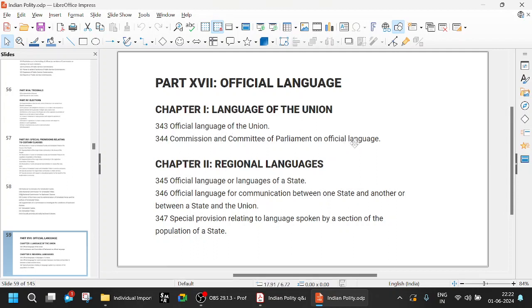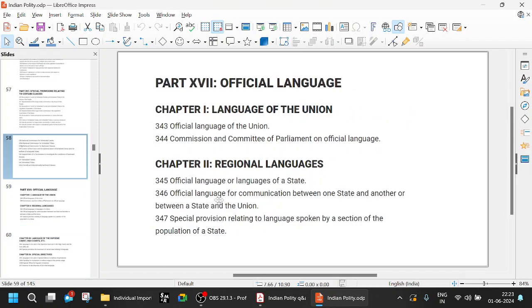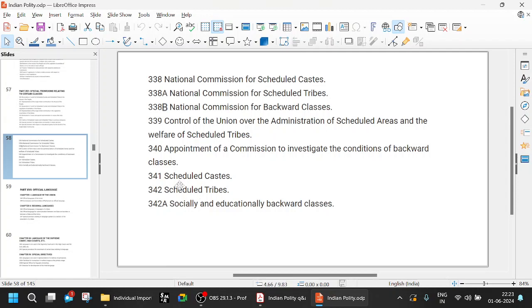Language of the Union, Commissions, Committee of Parliament on official language. Language of the states is 345. Official communication, special provisions, all these things. So 341 is provisions regarding scheduled castes. 342 is scheduled tribes. 342A is socially and educationally backward classes.